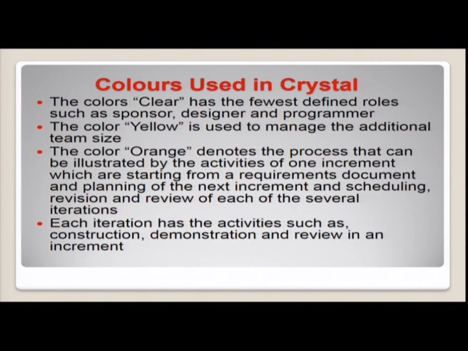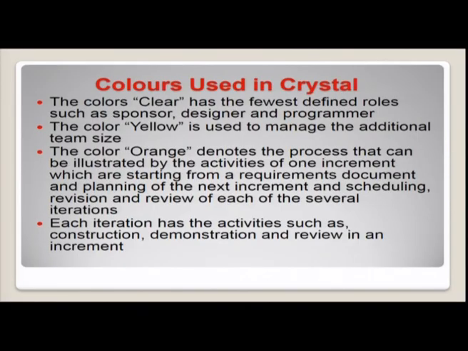Crystal Clear has the fewest defined roles, such as sponsor, designer and programmer. Only these three roles are available with the color clear, and the color yellow is used to manage the additional team size.